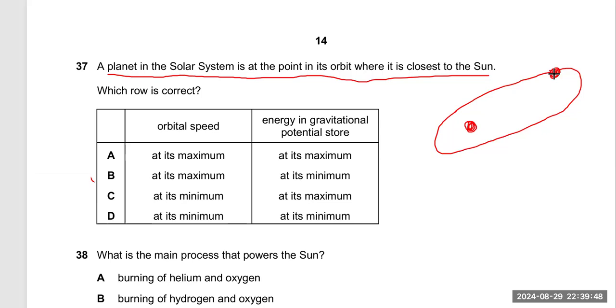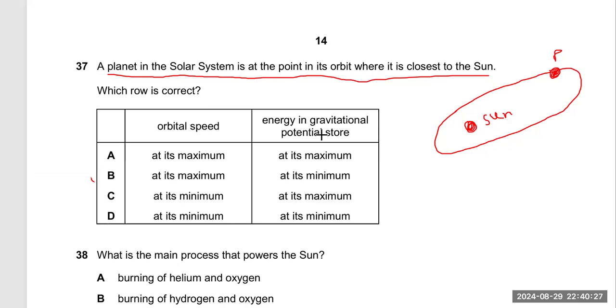Suppose that this is the planet, when this is the sun, and this is the planet P. Which row is correct? Orbital speed and gravitational potential energy. If you see the definition of gravitational potential energy, when any object has energy possessed by a body due to some position or some height, then it will have gravitational potential energy.